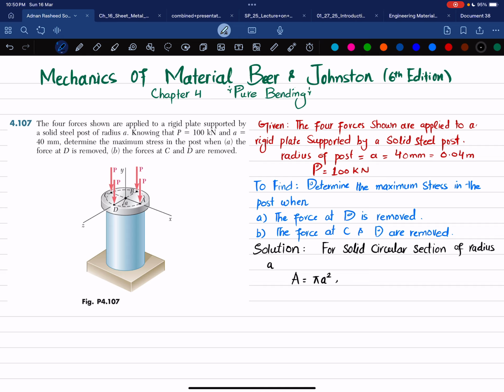And what will be the moment of inertia? We will use it later on. So moment of inertia is equal to pi by 4 r to the power 4, and r is A. So pi by 4 A to the power 4.